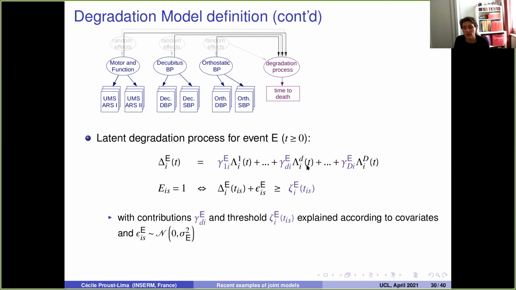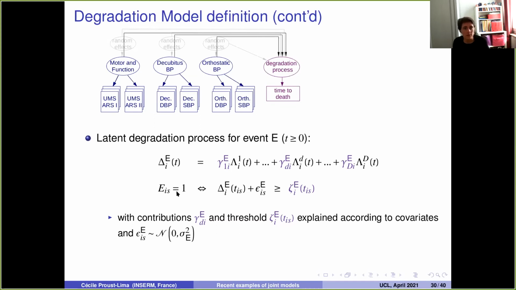a linear combination of all my latent dimensions. So that will be how the first dimension contributes to the overall global degradation process, how the dimension D contributes to the degradation process, etc., etc. And then what I say is that this degradation process plus an error, when it's above a certain threshold that I will estimate and can depend on time, then I observe that the event is 1.